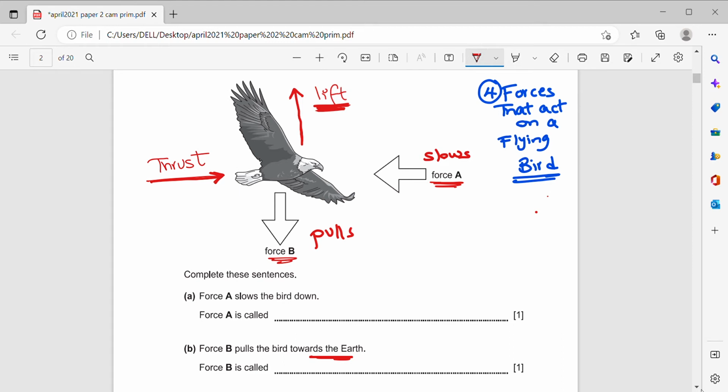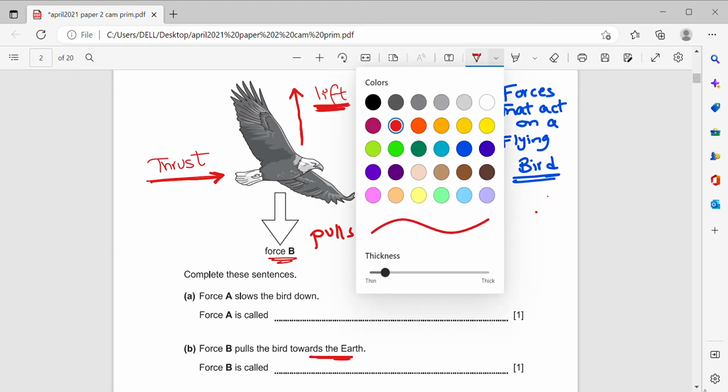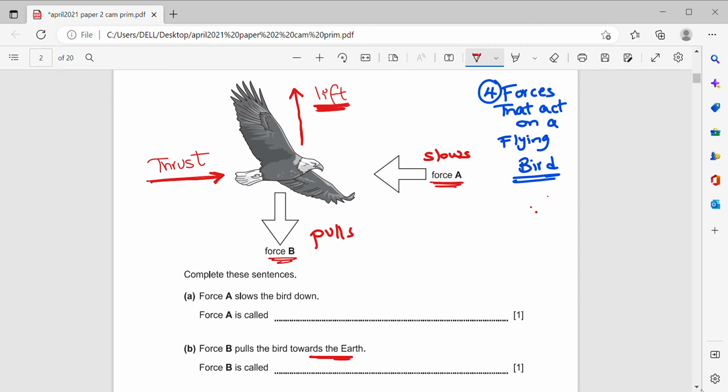What's the force that pulls the objects towards the earth? Great, this force is called gravity. Okay, what's the force that slows a flying bird? The bird is flying and something opposes it, something coming in front of it slows it. It's a kind of resistance. Great.